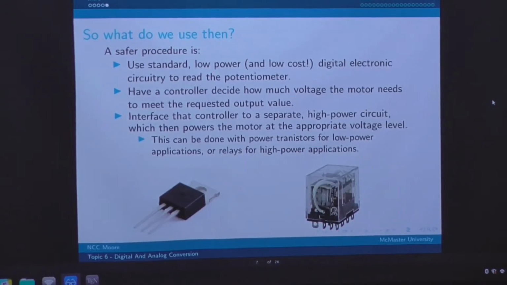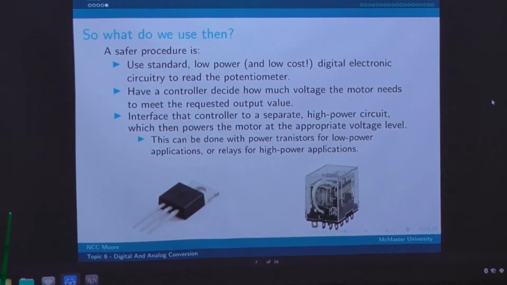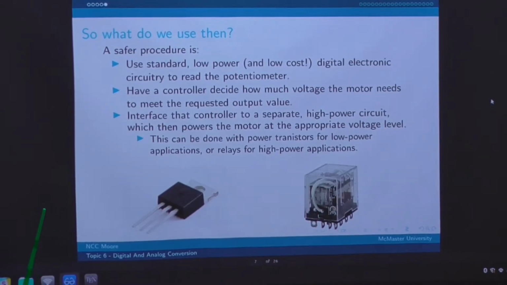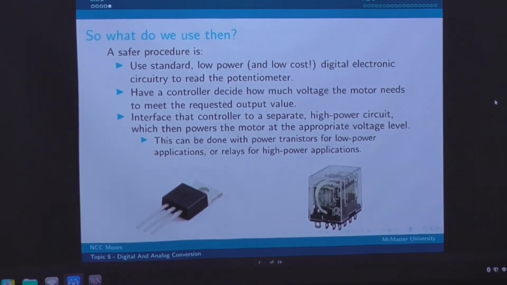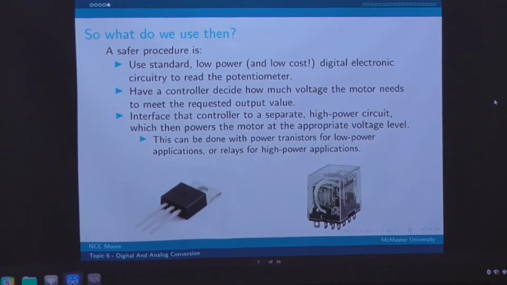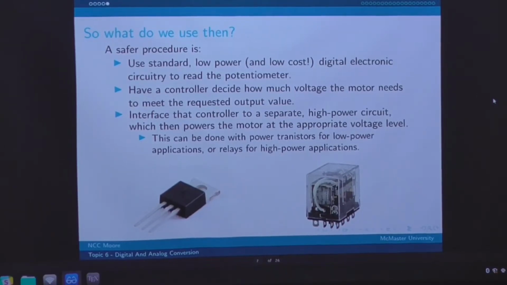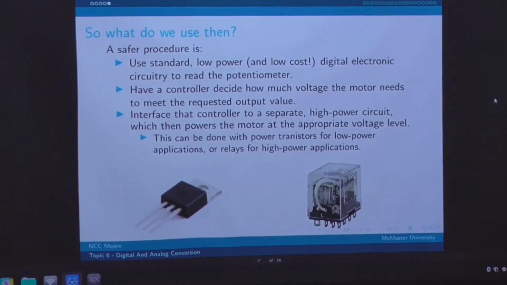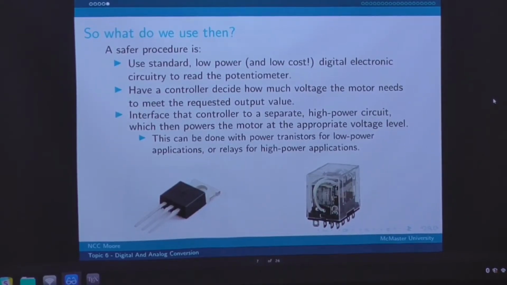Now, you can also do this with electronics, of course, because pretty much anything you do with software, you could also do with hardware if you wanted to, right? But it's often desirable to have reprogrammable controllers. So, if you want a DC motor to acquire a particular position, do you apply a constant voltage to it?